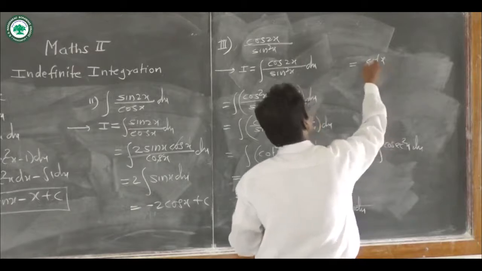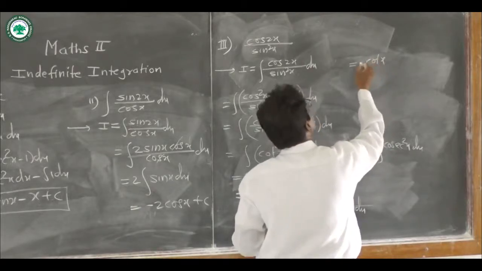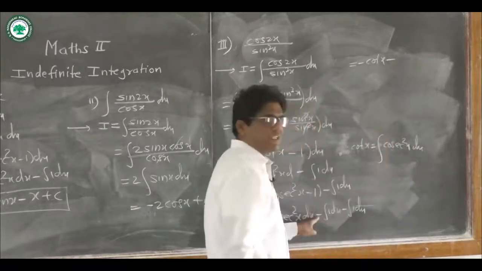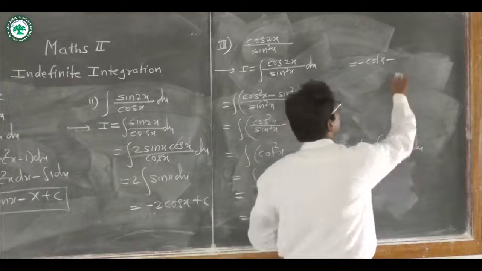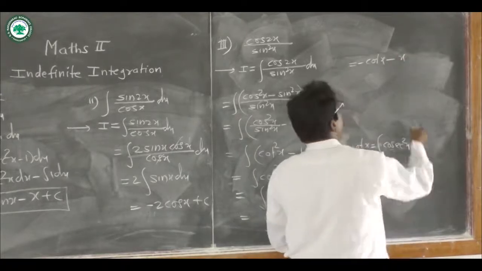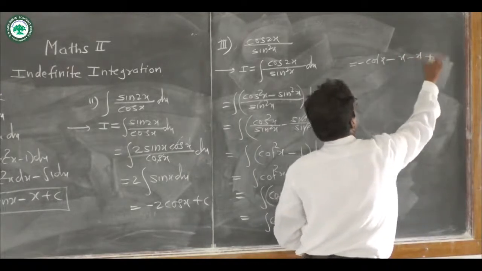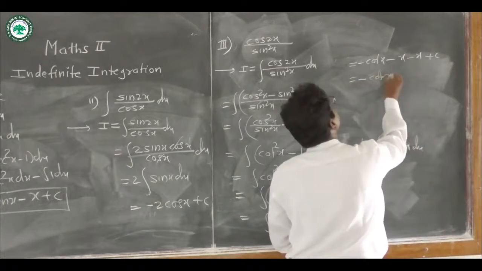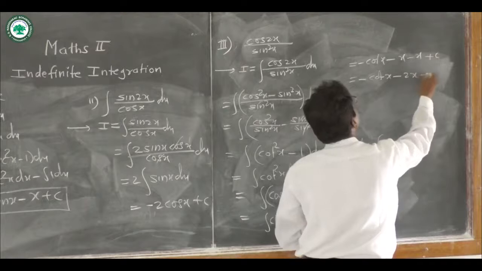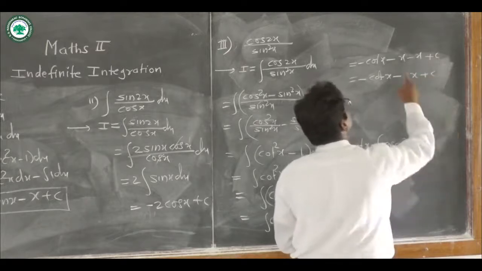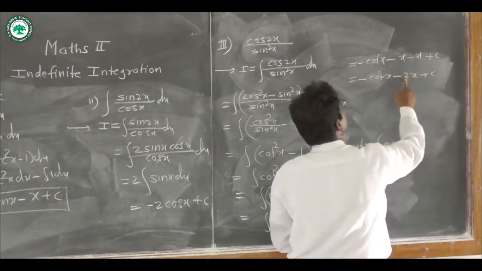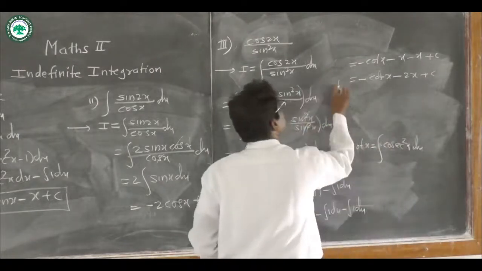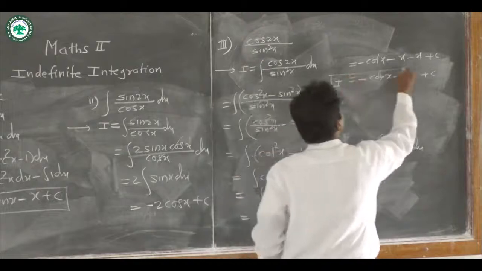Here the answer starts with the letter C, so we take the minus sign. So minus cot x, minus integration of 1 dx, which is x. Again integration of 1 dx is x, plus constant of integration. So it is equal to minus cot x minus x minus x, that is minus 2x, plus constant of integration. So minus cot x minus 2x plus constant of integration, and this is the final solution.